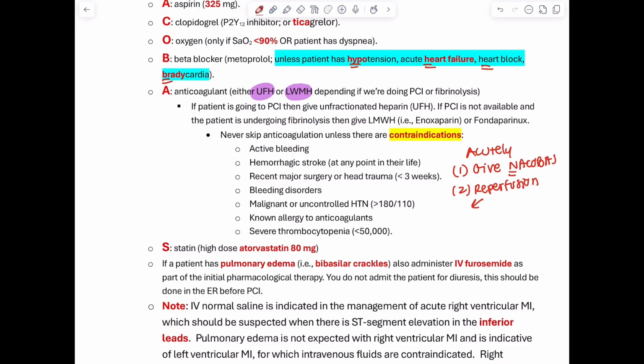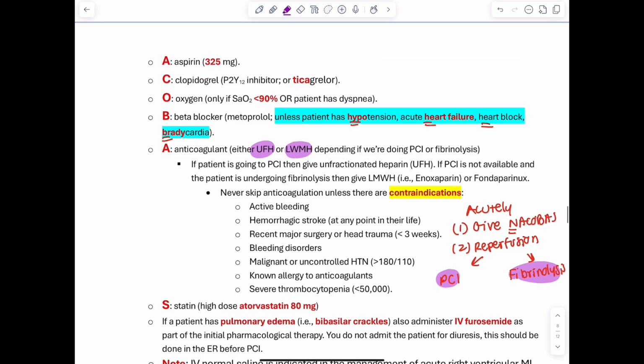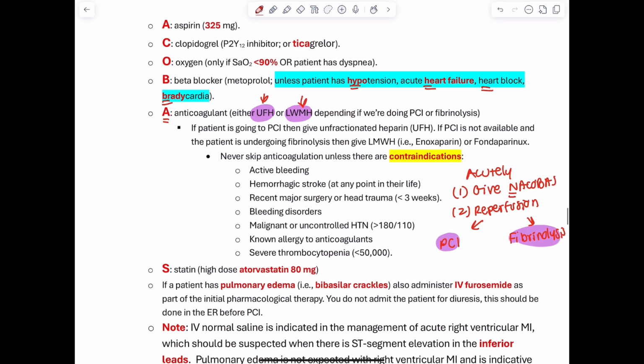And it's either PCI or fibrinolysis, okay? Whether you're going with this or this determines what you give for the A portion, okay? If you are going for PCI, which is going to be your goal, you give unfractionated heparin.